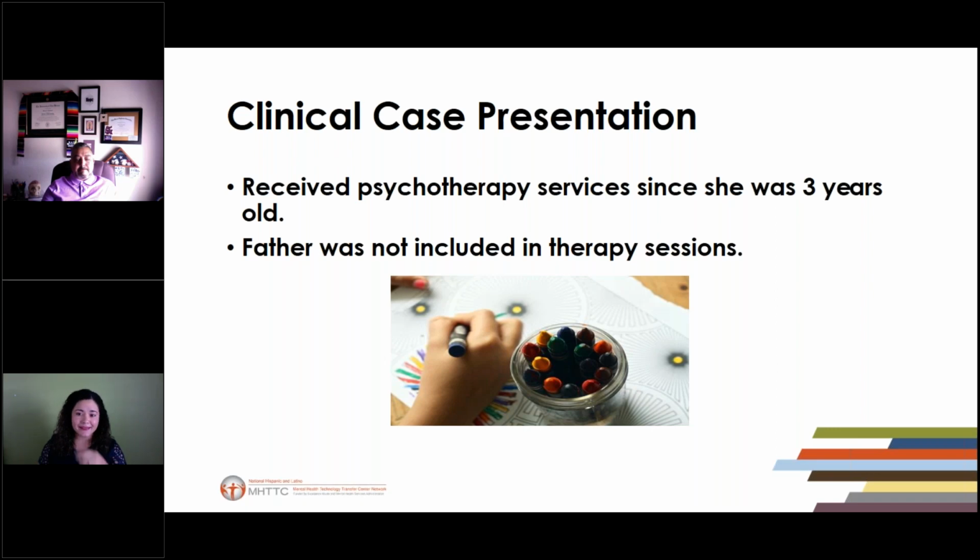Because sometimes in Latino families, there are misconceptions about what therapy is or what we are going to be doing. Or we can also see in some parents a lot of expectations that all the problems are going to be resolved in 1 or 2 sessions. And that is something that we need to clarify during our sessions.